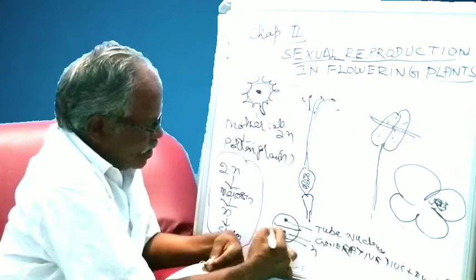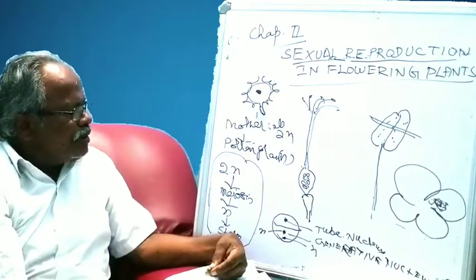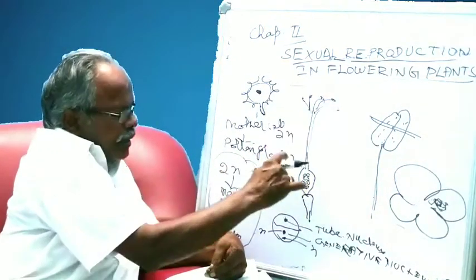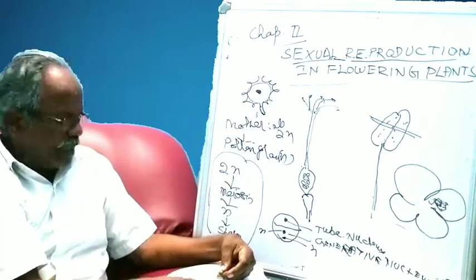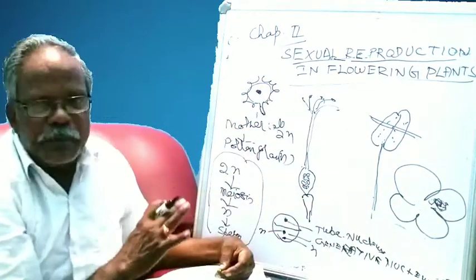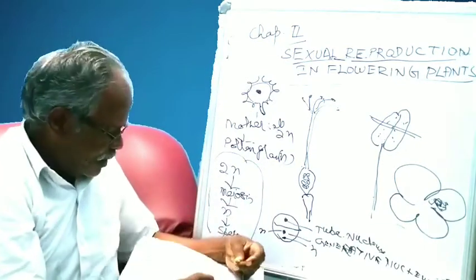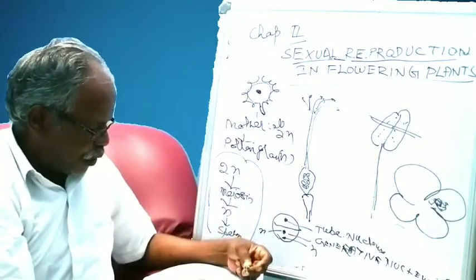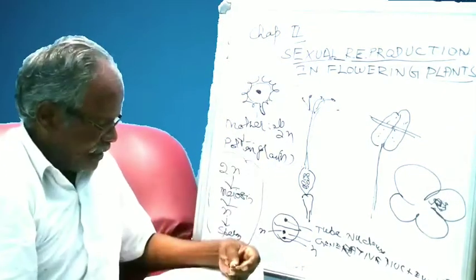The two generative nuclei will have n number of chromosomes, that is, haploid chromosomes. So this tube develops further, and that we are going to see next. This is with regard to the male reproductive part of the flower. How the microspores develop, we have discussed here.